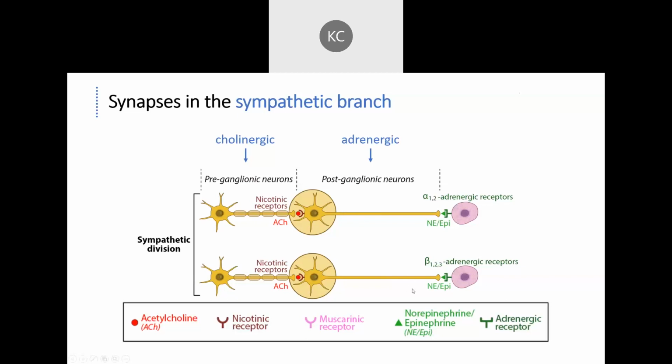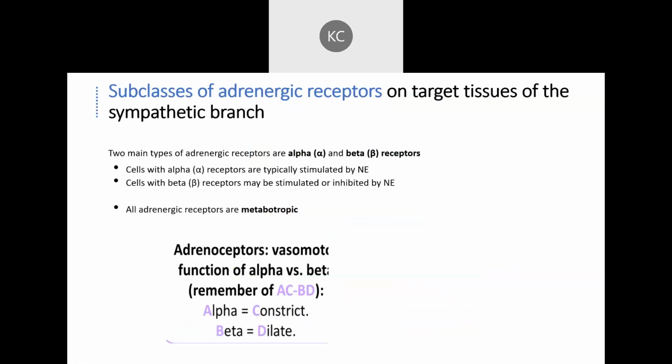Okay. So these adrenergic receptors also exist in different types, right? They're what are called alpha and beta. The alpha receptors usually are stimulated by norepinephrine and epinephrine, and then the beta receptors can be both stimulated or inhibited by norepinephrine depending on different factors and variables.